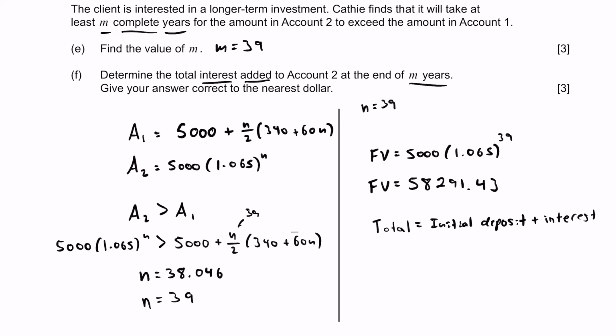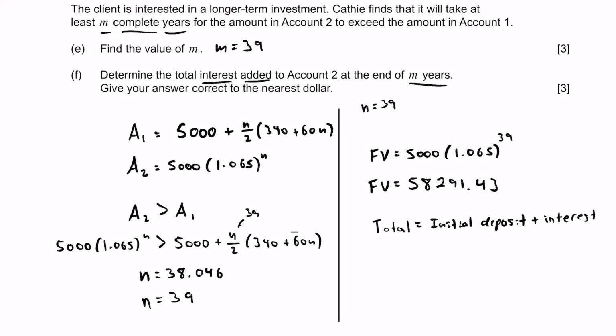In this case, we know the total amount that we have is around $58,291. But not all of this is interest because we made a $5,000 initial deposit. So what is left over after we remove this $5,000 initial deposit? All of what remains is going to be interest.